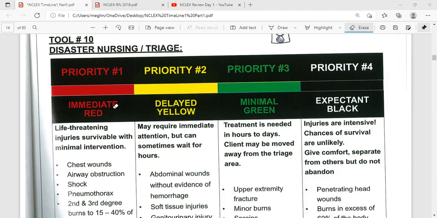So immediate: a patient has a nosebleed. If you push a little bit on the nasal septum, bleeding will stop and patient will be okay. But if you do not put the pressure, bleeding will continue and patient can develop hypotension and shock and will die. Imagine a patient has very bad head injuries, and whatever you do, the head injury is so bad and patient will not survive.